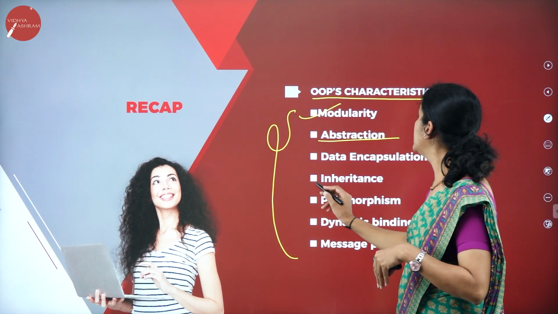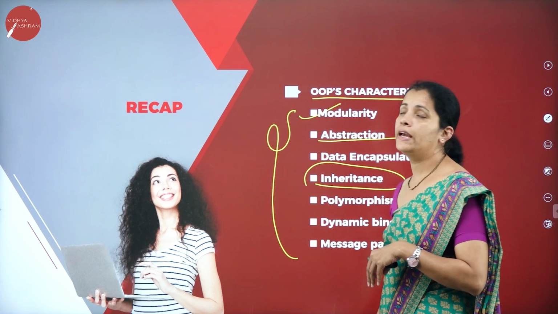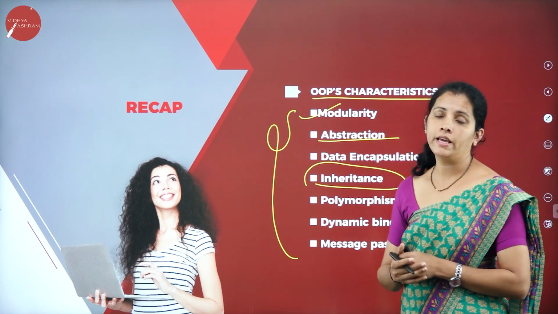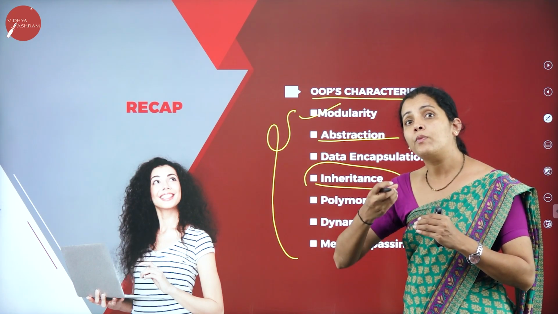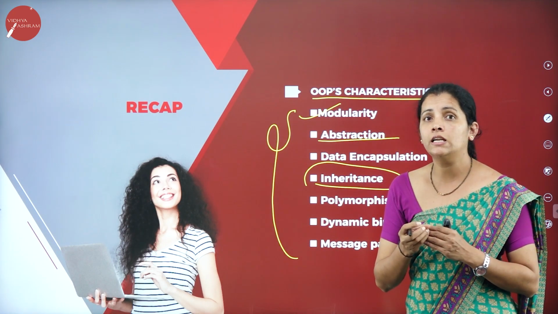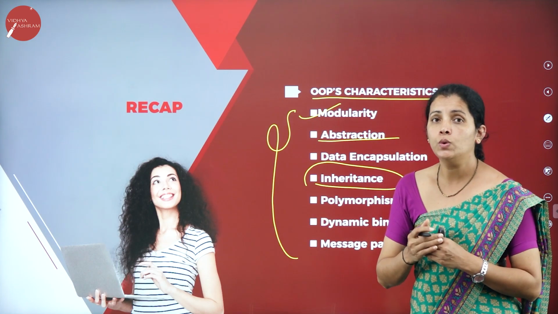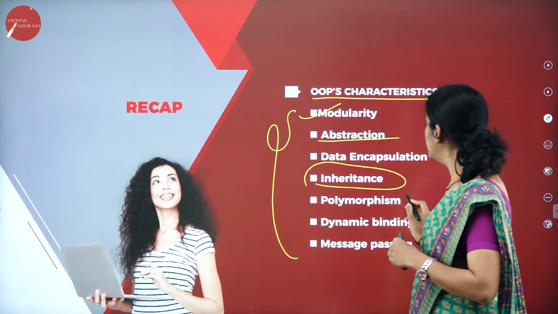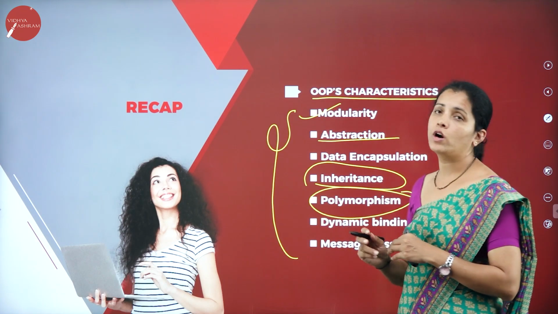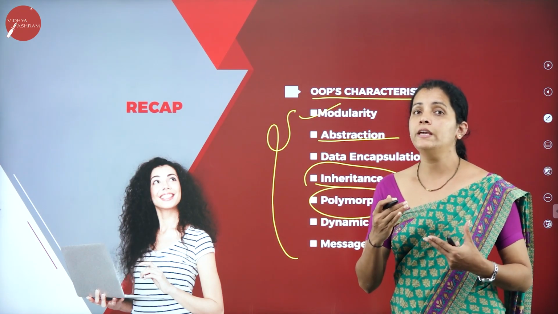Then what is inheritance? So here inheritance is nothing but the usability. That means using some of the properties of an existing class in the new class. That is nothing but the derived class. Then polymorphism. So what is poly? That is many forms.